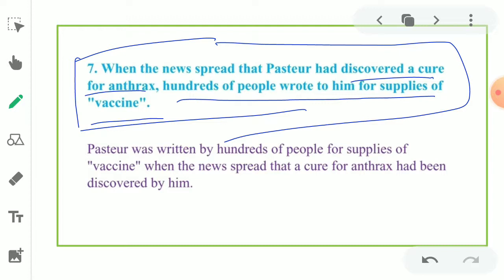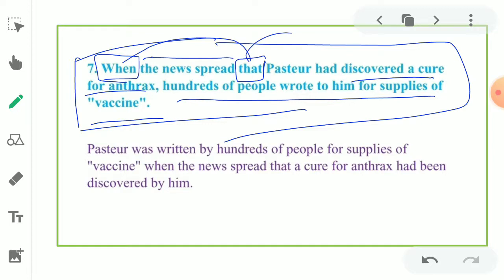Why? Because when is a subordinating conjunction used to combine two clauses. The news spread, and that and when are used. Therefore, that is a complex sentence.